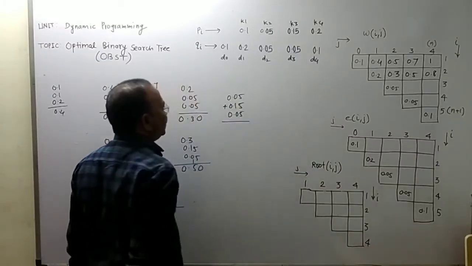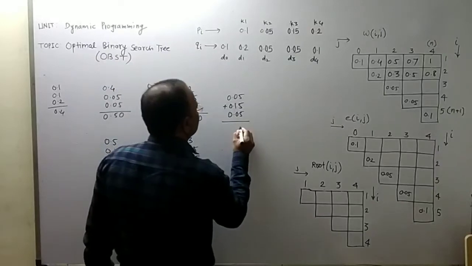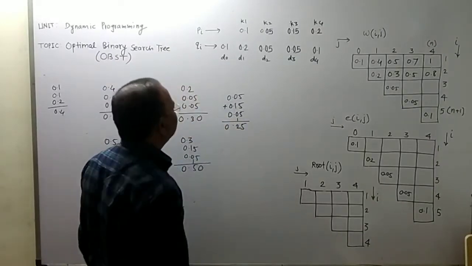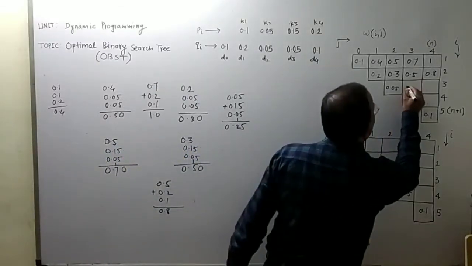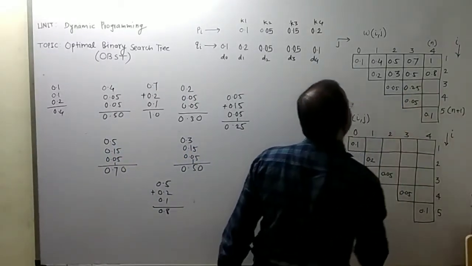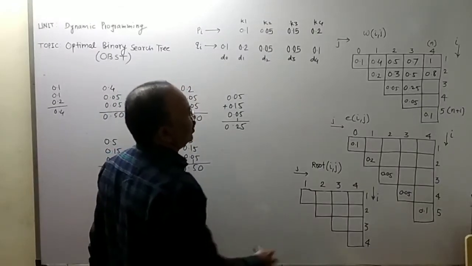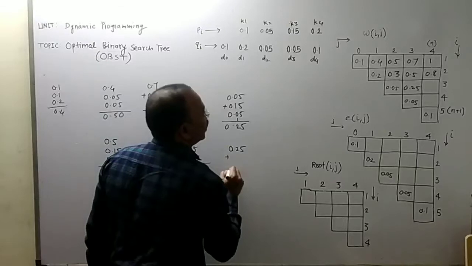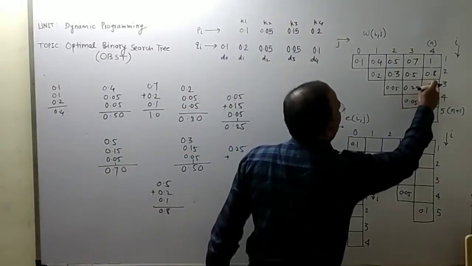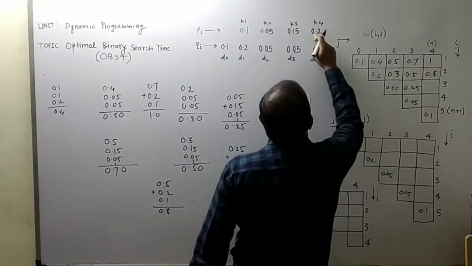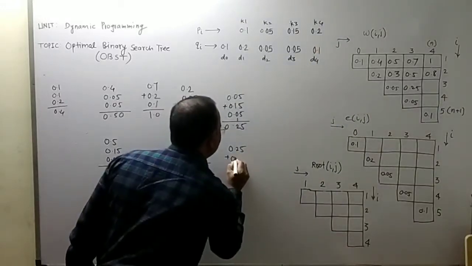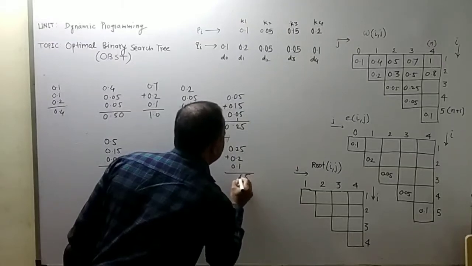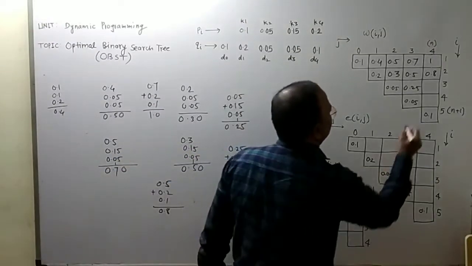Take the sum of these three values, that is 0.25. Then for this cell, 0.25 plus the probabilities of K4 and D4, that is 0.2 plus 0.1, it comes to 0.55.